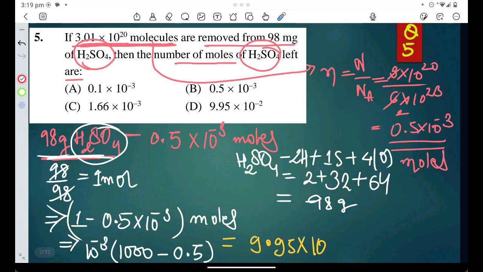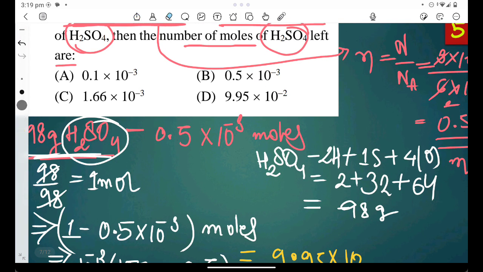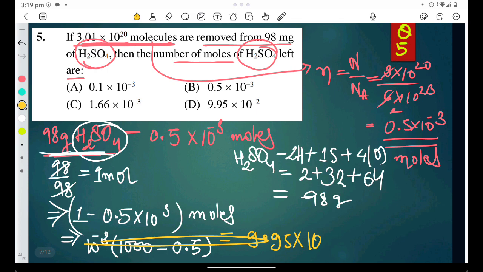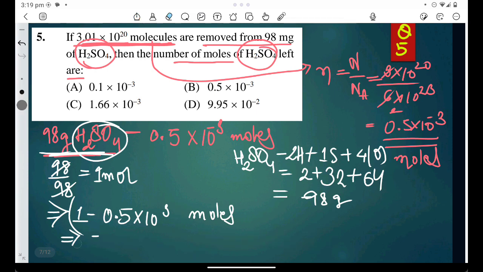Sorry, yeah, here I have it. It is not gram, it is milligram. So to convert it into gram, I have to multiply by 10 raised to power minus 3 gram. Sorry, yeah. So here we have made a small mistake. Let me correct it.